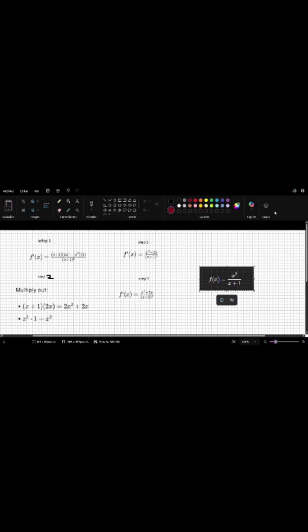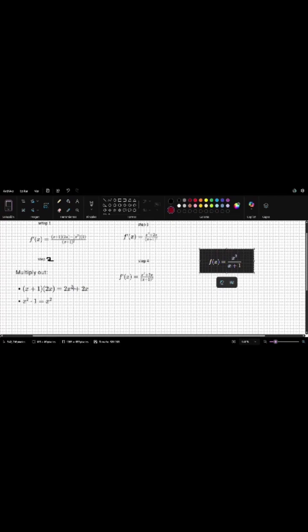Step 1, plug into the formula: f prime of x equals (x plus 1) times the derivative of x squared, minus x squared times the derivative of (x plus 1), over (x plus 1) to the power of 2. Step 2, apply the quotient rule.